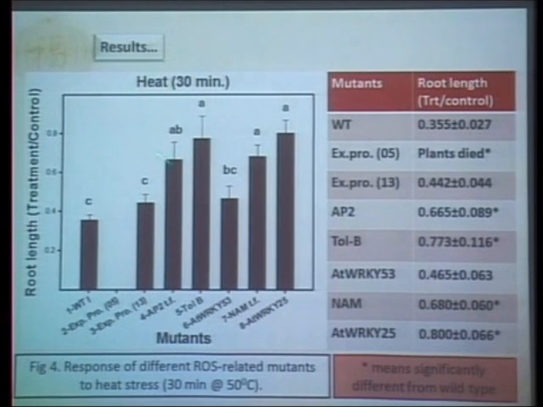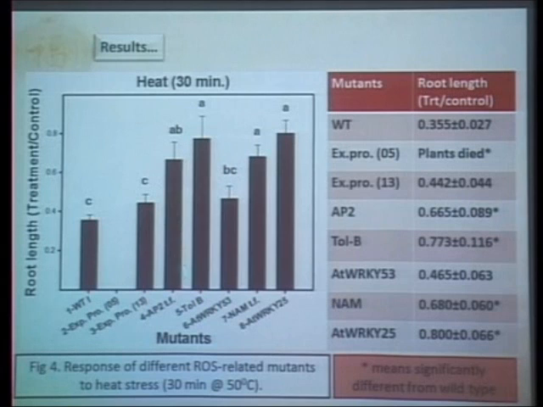On treating the mutants under heat at 50 degrees centigrade for 30 minutes, wild type was sensitive, and the same trend is followed by expressed protein 13 and ROCK53.